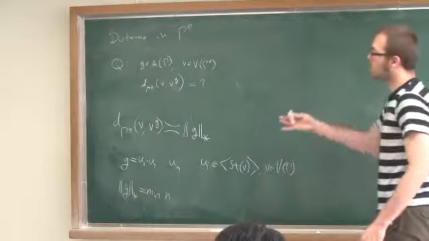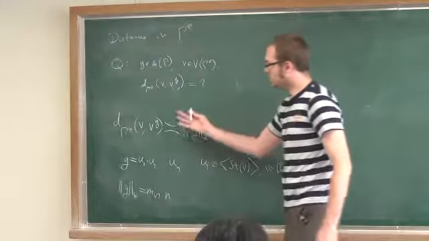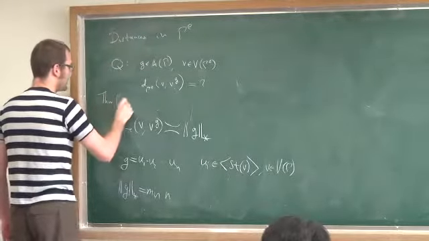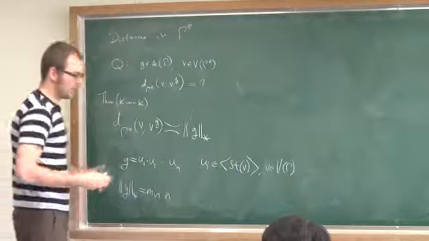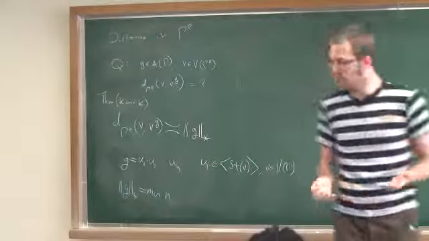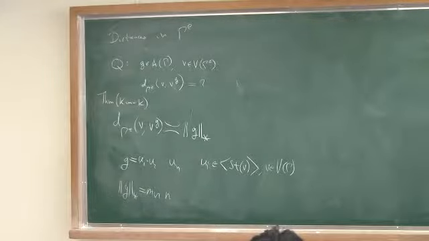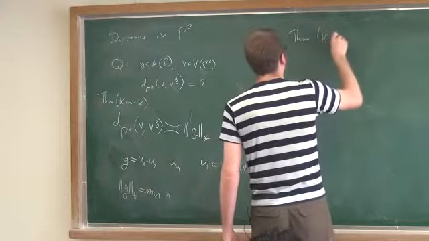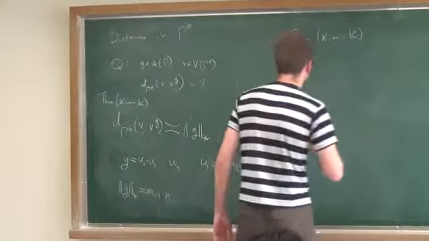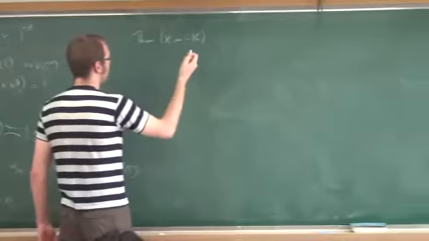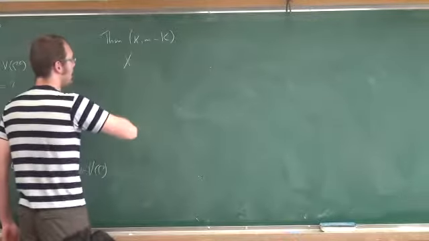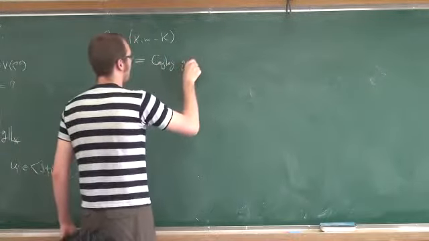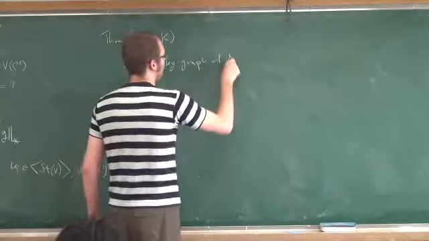And so this theorem is equivalent to some relation between the extension graph and the Cayley graph of the right-angled Artin group. So I'm going to take X to be the Cayley graph of A of gamma.